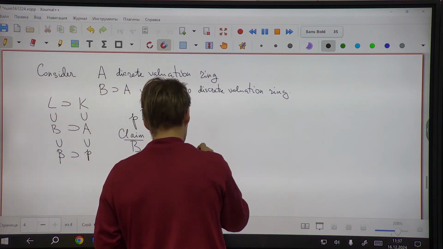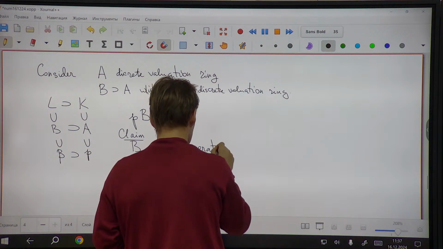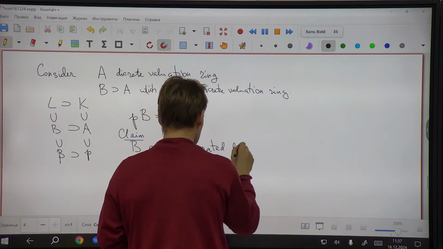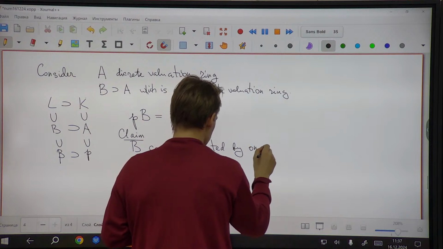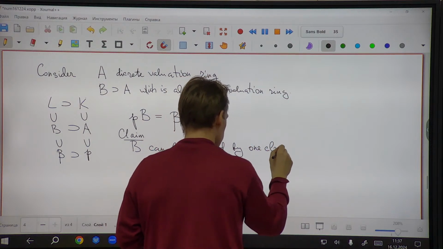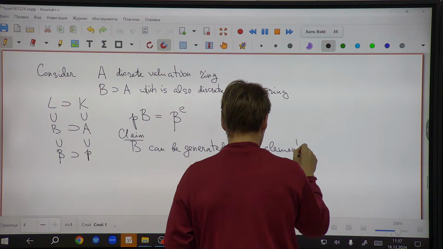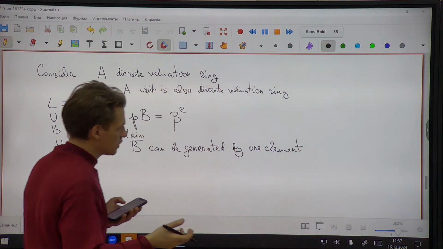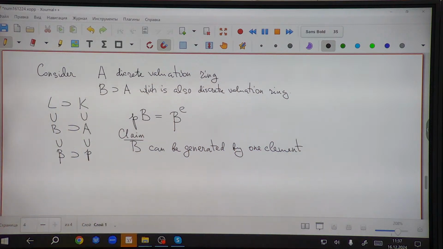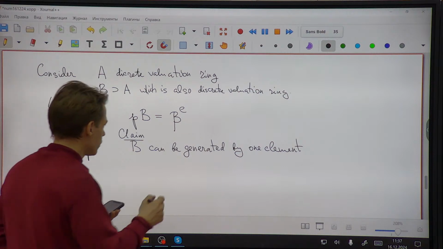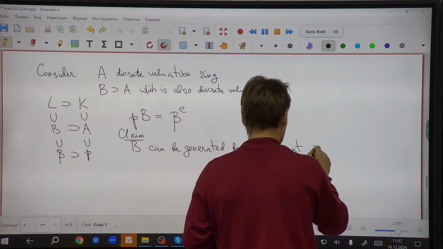B can be generated by one element, with the assumption that it is a uniformizer, so it is a generator of beta.